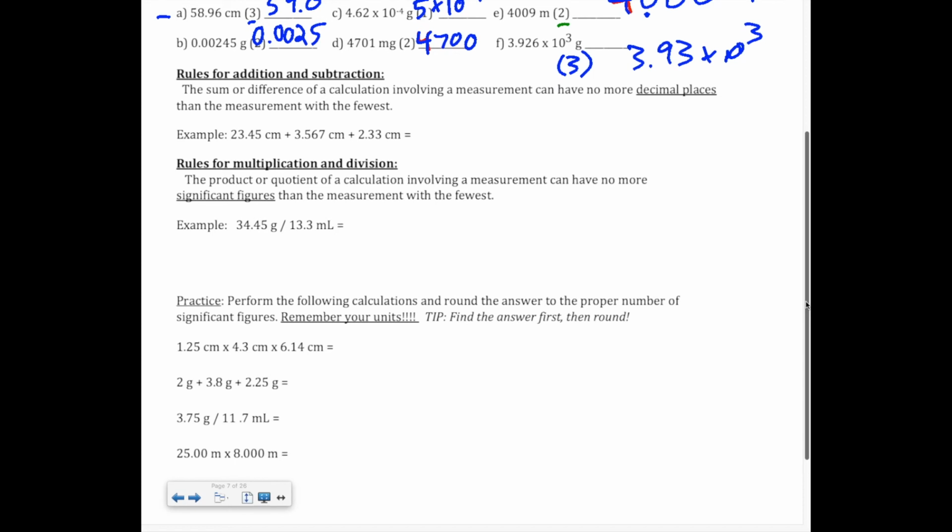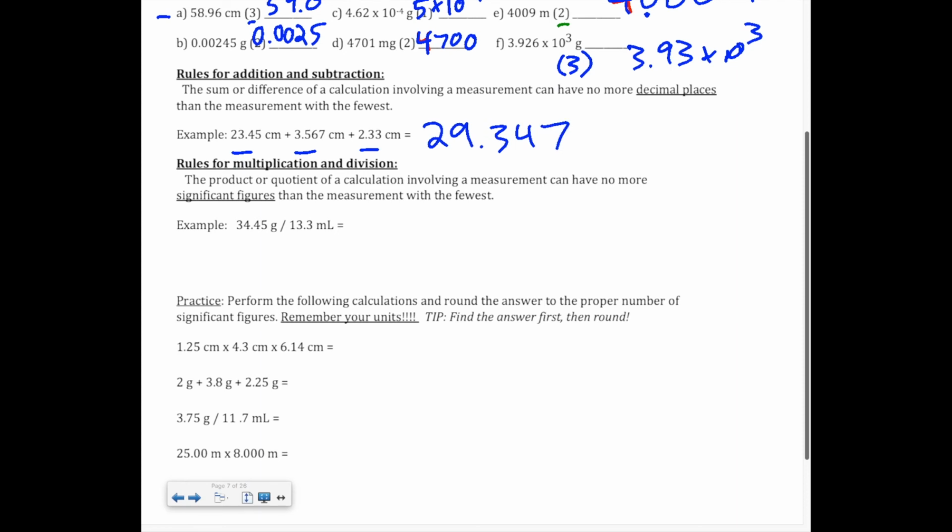So for the rules of addition and subtraction, you will take these three numbers and punch them into your calculator, and you should get 29.347. Okay, that's what your calculator should say.